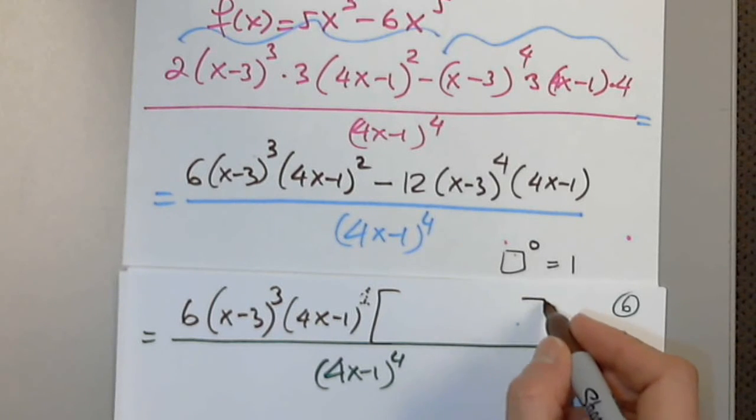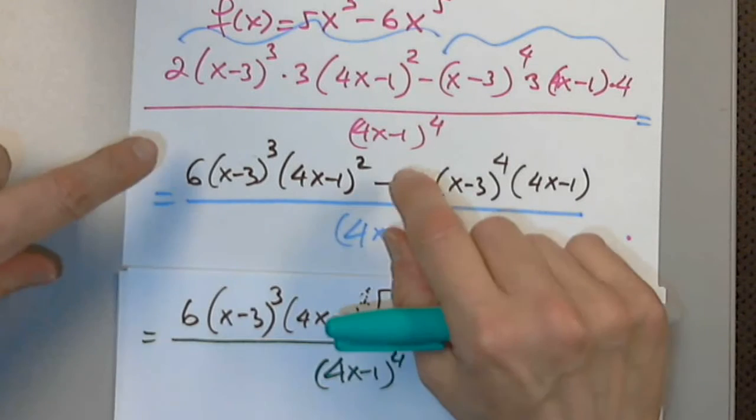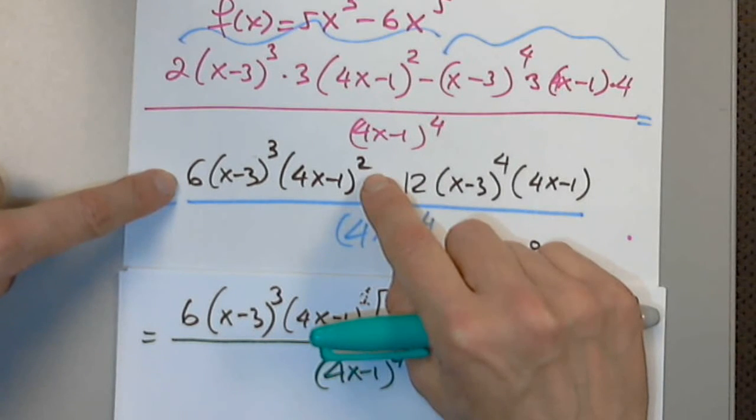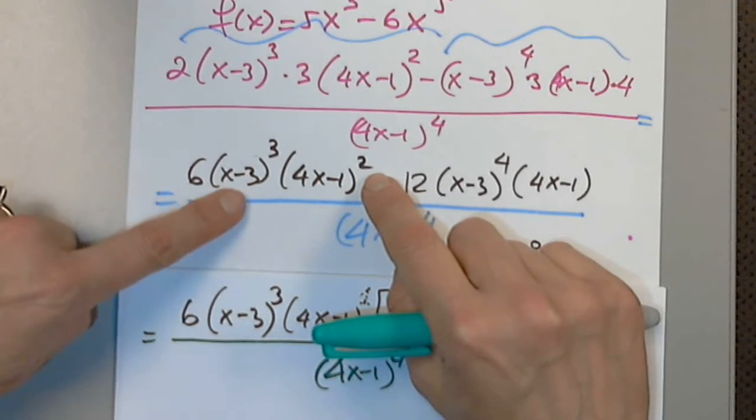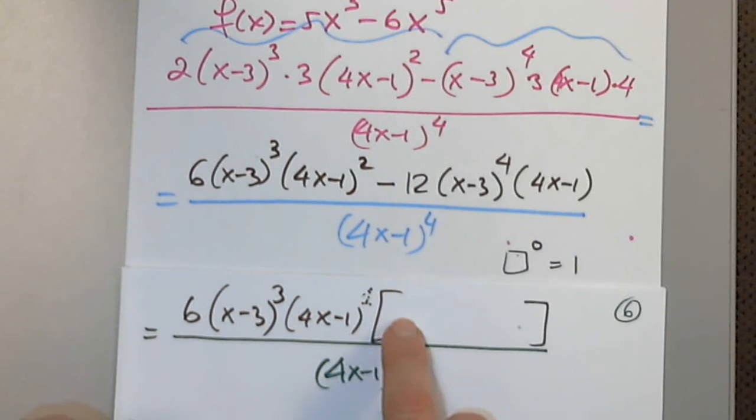Now I have brackets. You can use parentheses, but I'd rather put brackets because I may have to use parentheses inside. Good. So from this term, I took out 6, I took out x minus 3 cubed, and I took out 4x minus 1. What is left inside?